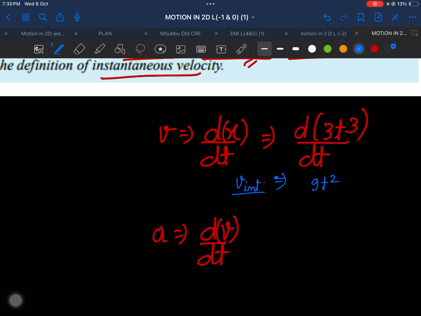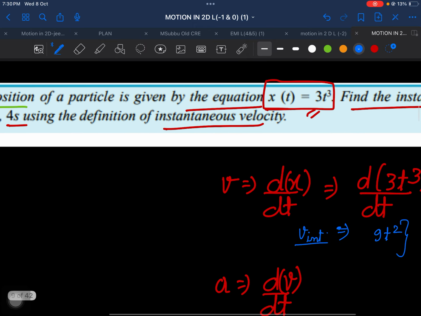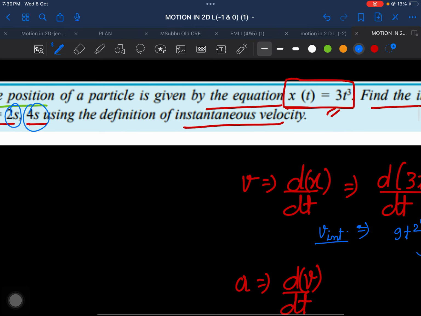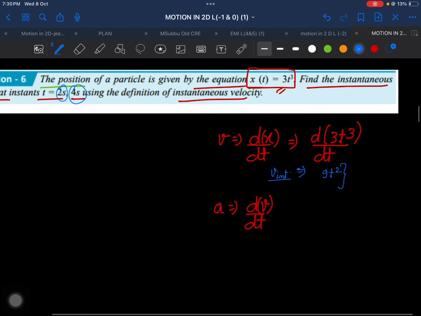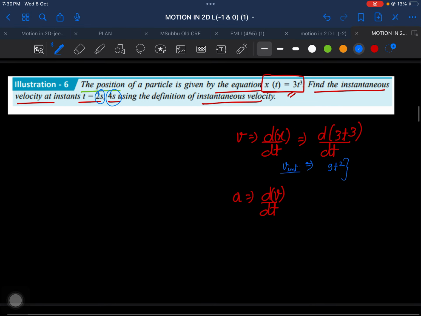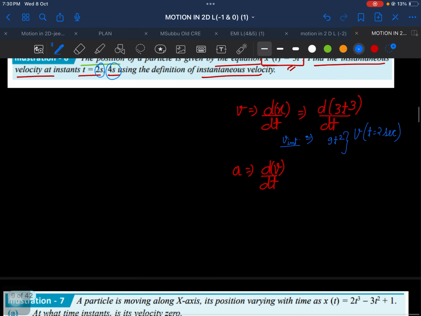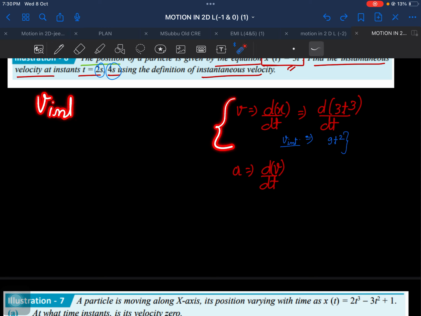Now in this question you have to find the velocity at t equals 2 second and 4 second. You got your instantaneous velocity formula as 9t square.